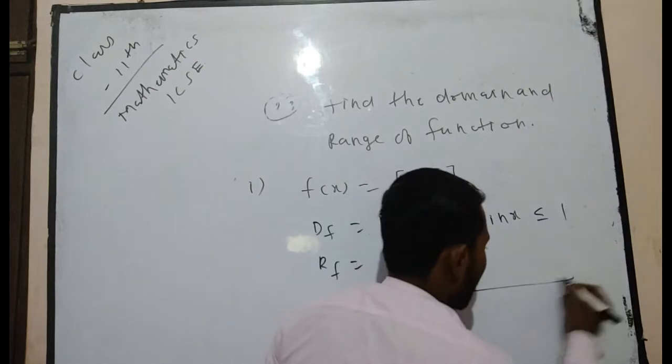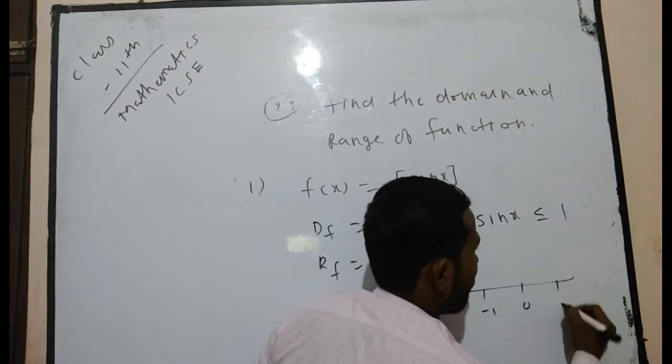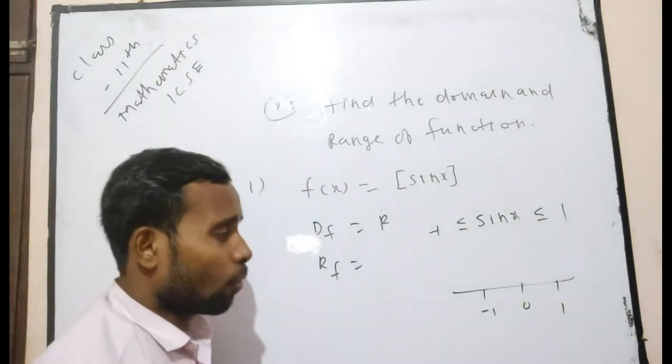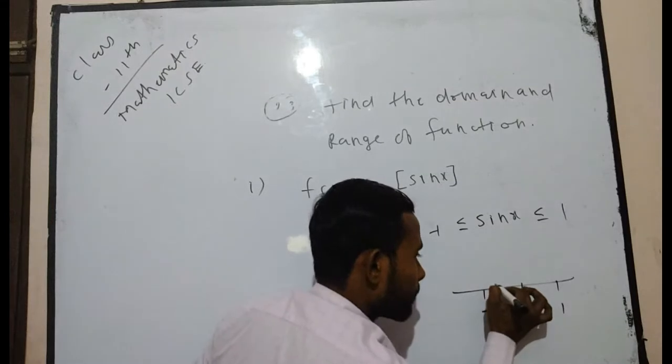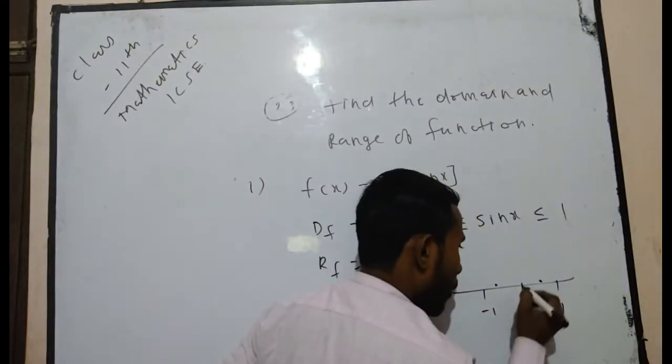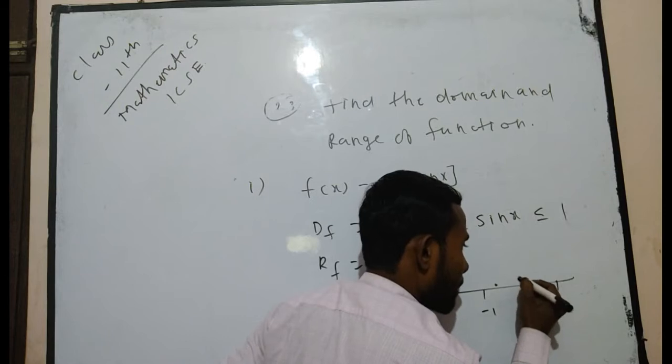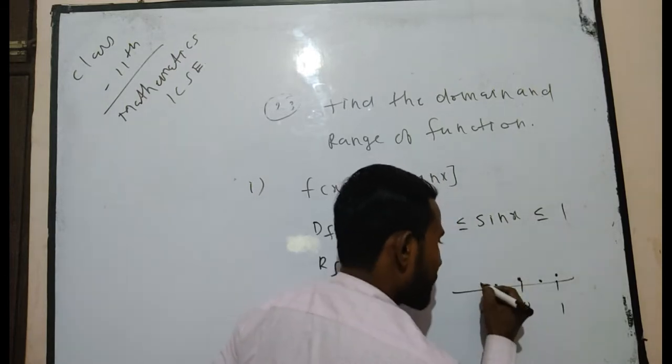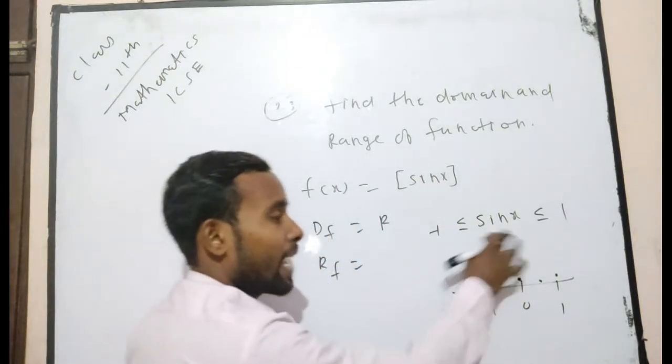If you take a straight line with minus 1, 0 and 1, the point may lie on the pillar, in this field, or at this point itself, and this point itself.